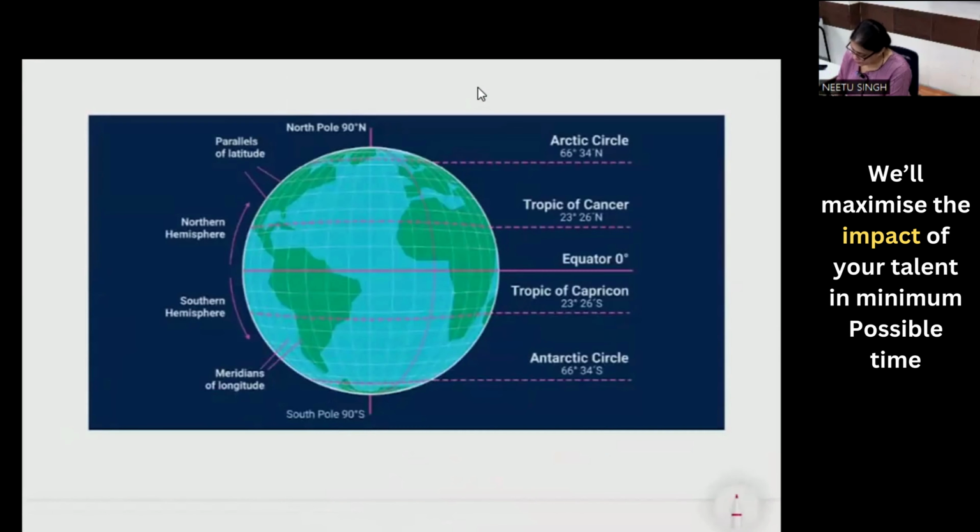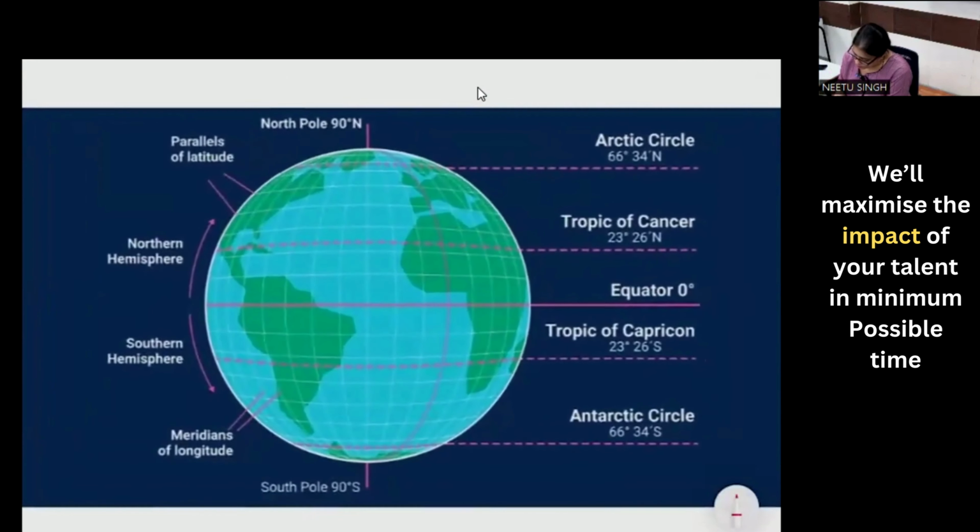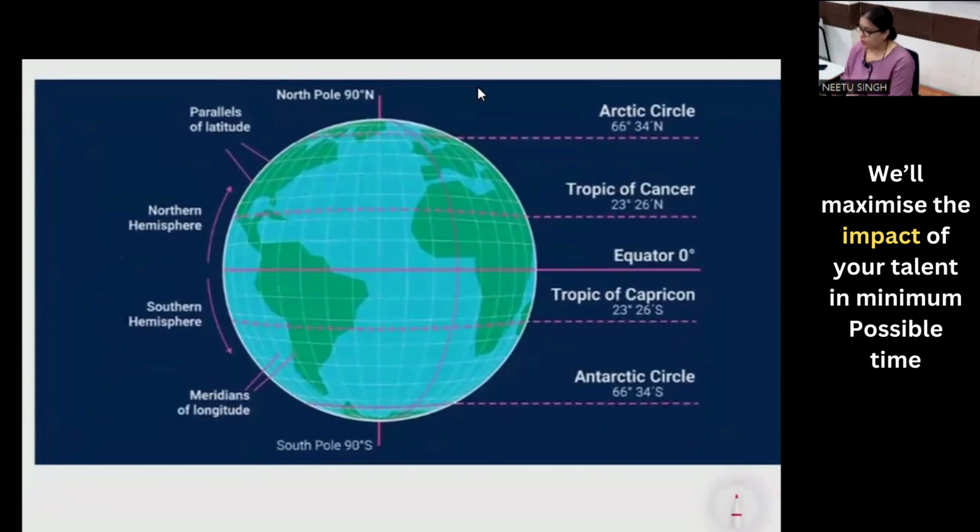Latitude is defined as the parallels drawn at angular distance from the equator, and we have 90 degrees of latitude in both hemispheres.